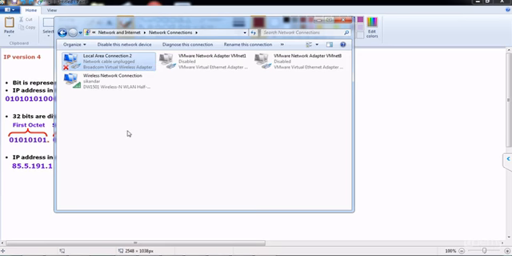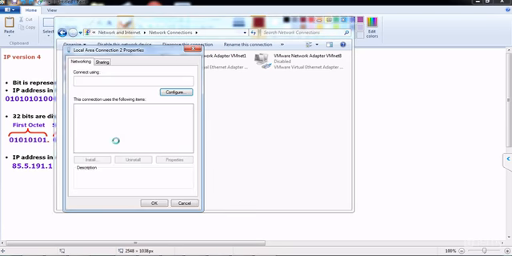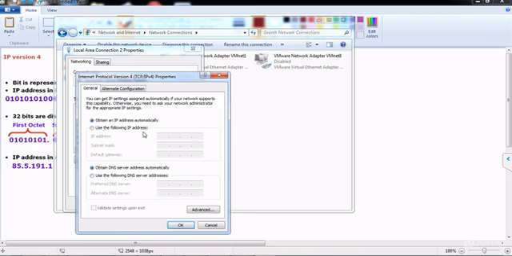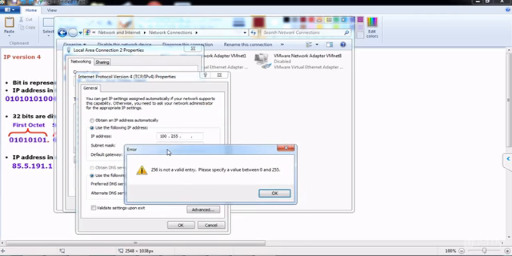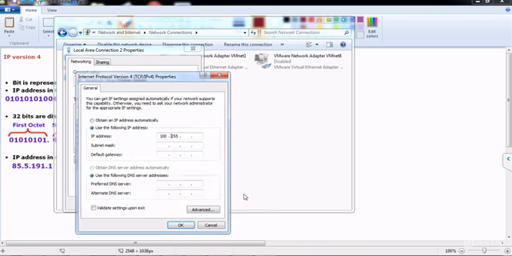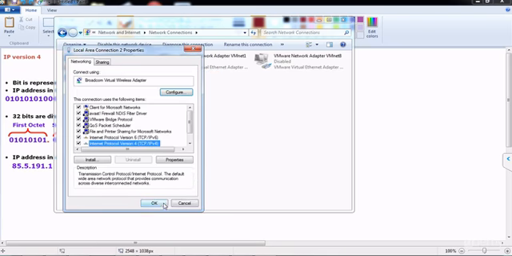I'll go to the TCP/IP properties. If I try to type 100 dot 256, you can see the message: 256 is not a valid entry, please use values only between 0 to 255. That is exactly the IP address range.